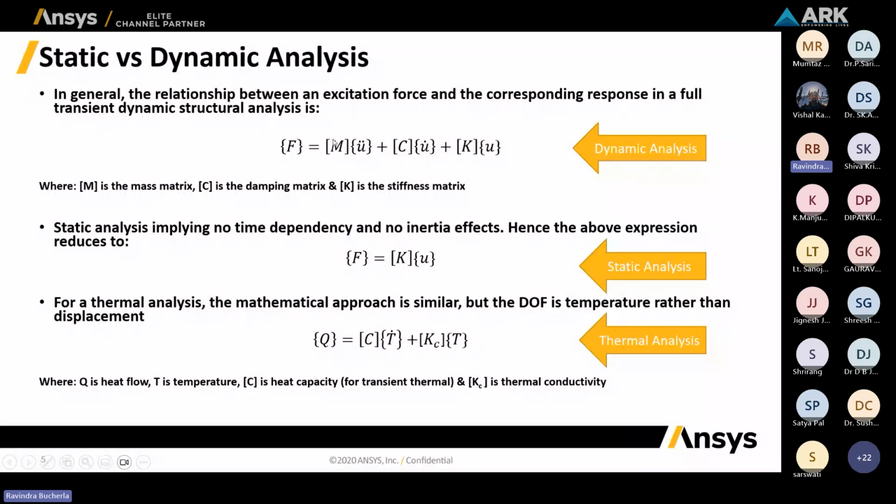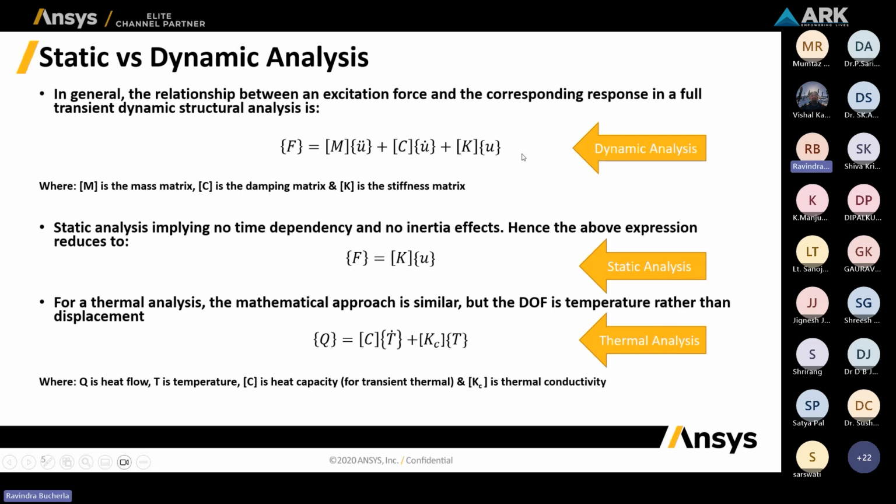This is the equation we solve for dynamic analysis, where the mass matrix and acceleration, and the damping matrix and velocity, are included along with F equal to K into U. So along with F equal to K into U, we have extra terms related to inertia effects, mass into acceleration, and damping effects.